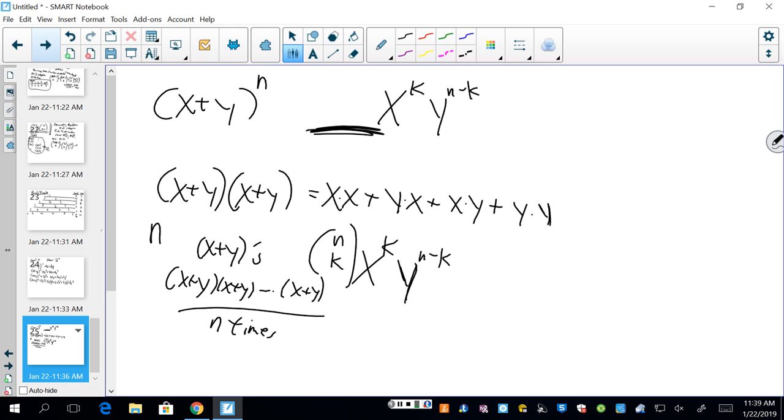We have n terms. We either have to pick an x or a y. So how many different ways can you get k x's and n minus k y's? You have to pick out of these n, you have to pick k to contribute an x, and the other n minus k contribute a y. And so that's going to be the multiplier there.